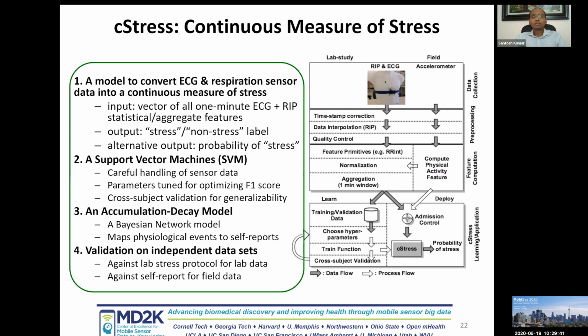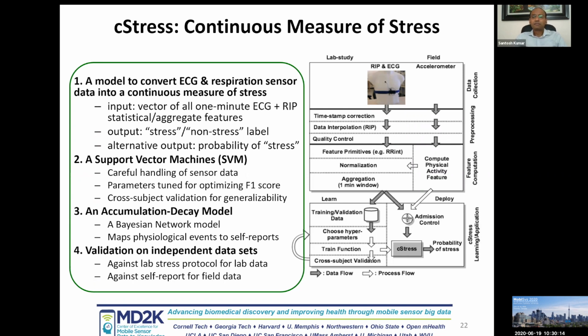And then for normalization, to account for between-person variability, we normalized each of these features to the Z-score for that individual, so that it can account for their respective baselines and their reactivity. And because there are several outliers, there's also the capping that we had to do of these various features.